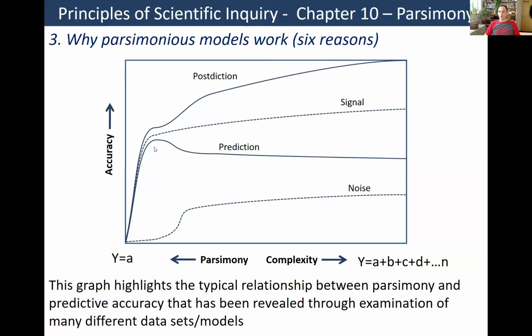Whereas if I was trying to predict someone outside of the class that I hadn't used to build my foot size height model, I should err on the side of a simpler model, because it excludes noise from the members of that class and from my data collection process that are not going to be helpful in the prediction process. So that should illustrate the difference between prediction and post-diction.